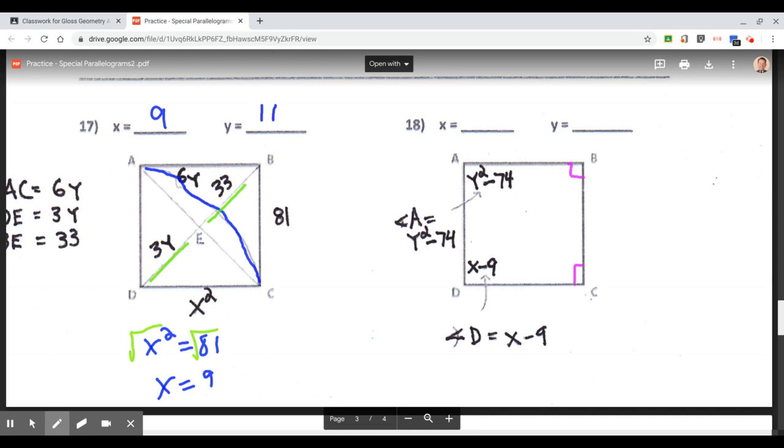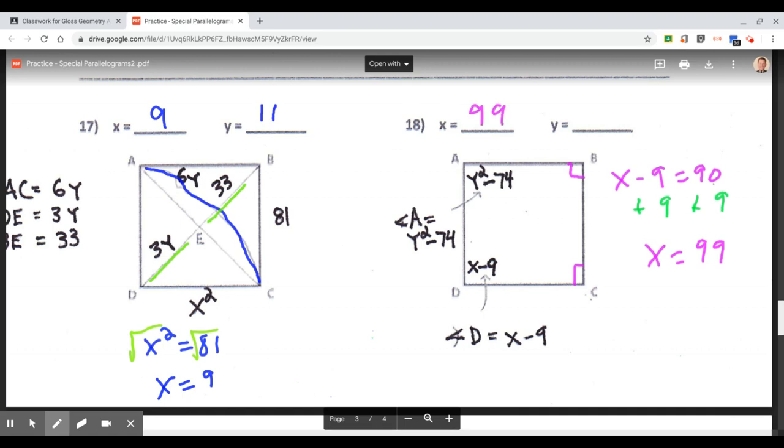So let's look at x first. If angle D equals 90 degrees, wouldn't it be x minus 9 equals 90, right? And then you just combine like terms, add 9 to each side, and you're going to get x equals 99.